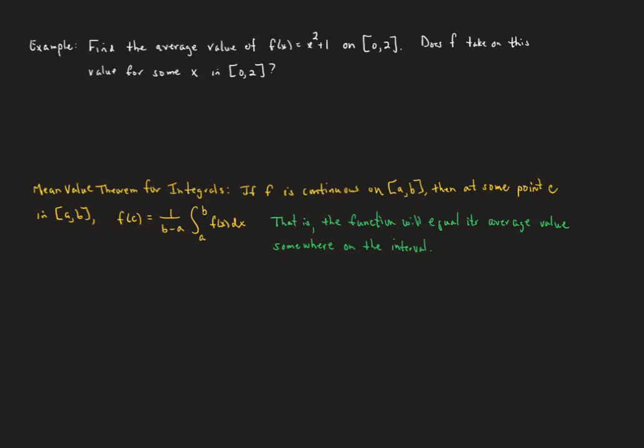So first, to actually find the average value, I think I'll go to yellow here. Our average value of f is going to be 1 over b minus a, so that's going to be 1 over 2 minus 0, times the integral from 0 to 2 of our function, x squared plus 1.